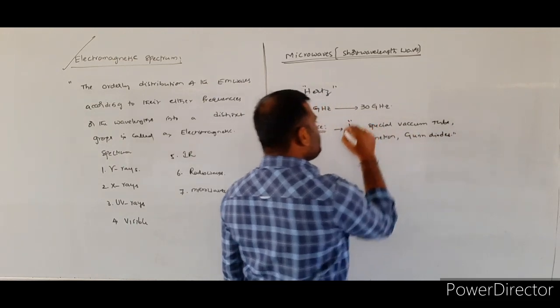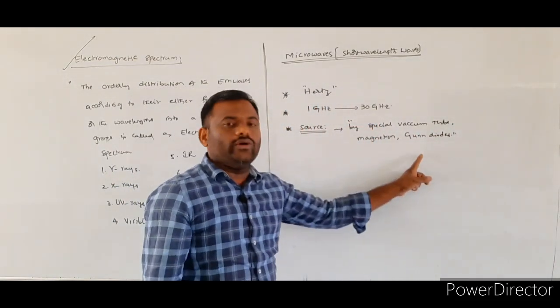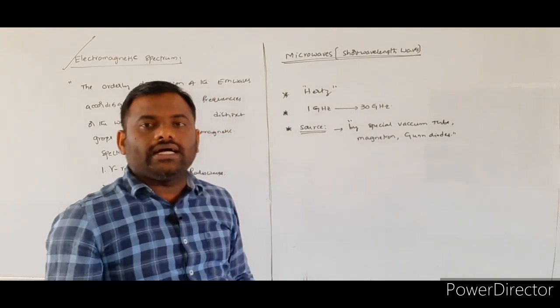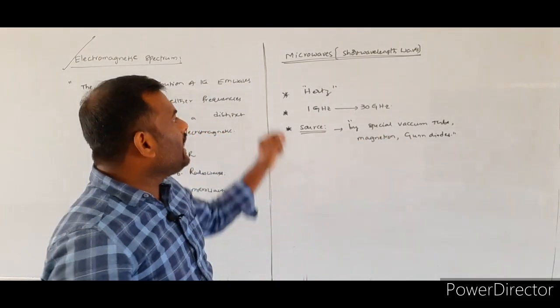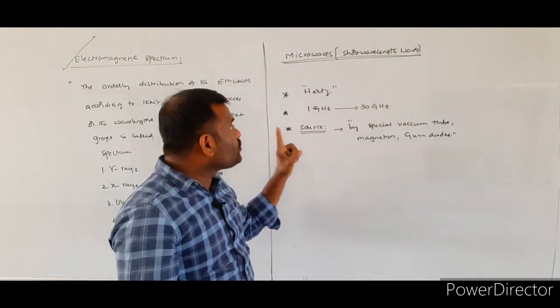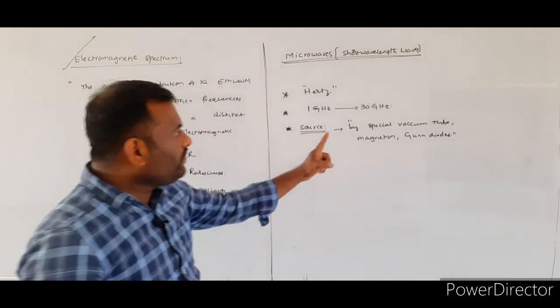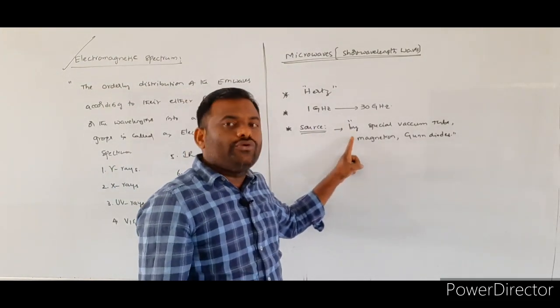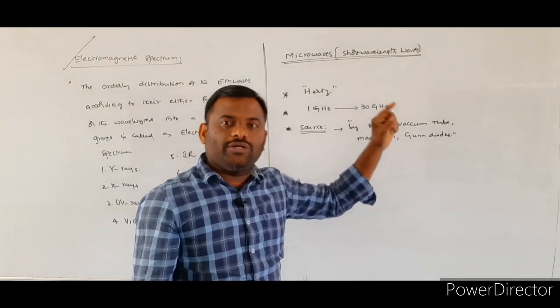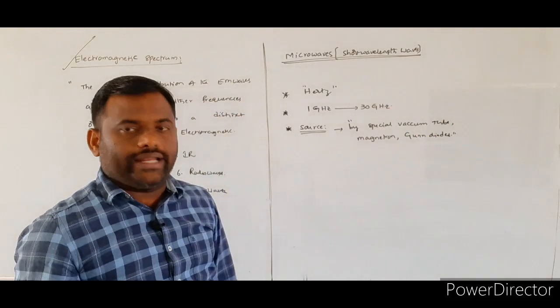Special vacuum tubes, which are called magnetron and gun diodes, are used to produce the required frequency of microwaves. So the source of the microwaves is nothing but special vacuum tubes called magnetron and gun diodes.